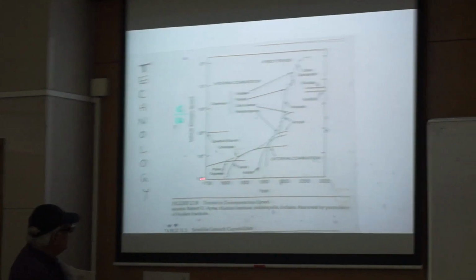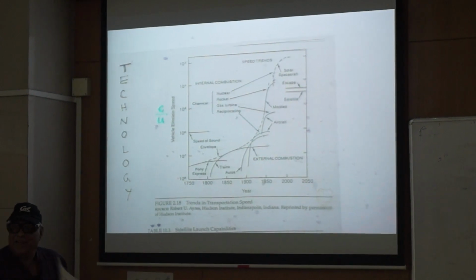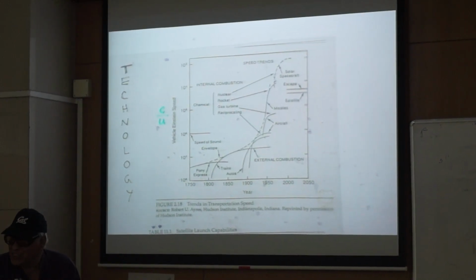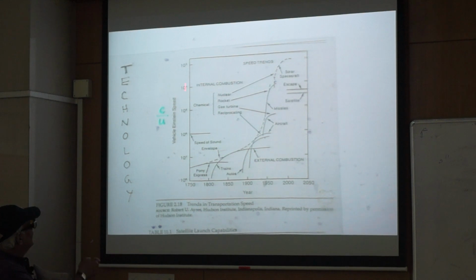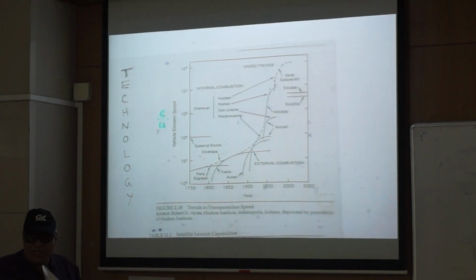So 10 raised to 8 is here, it means very slow speed machine. We have reached about 10 raised to 3 here. So you can see ponies, the horses and all that had an Einstein speed of about 5 to 10 raised to 7.